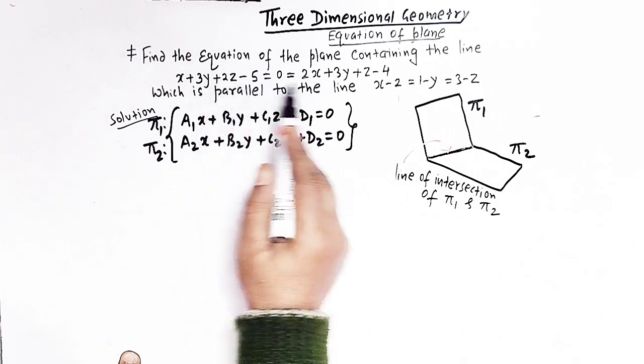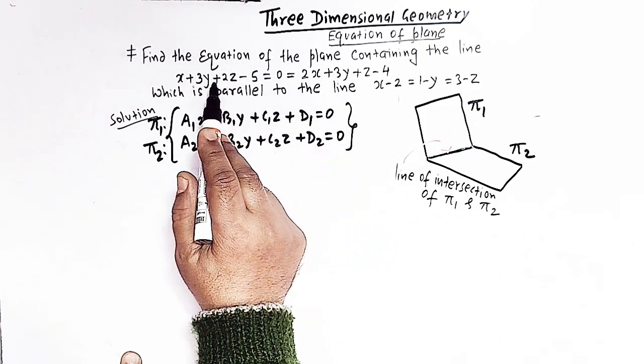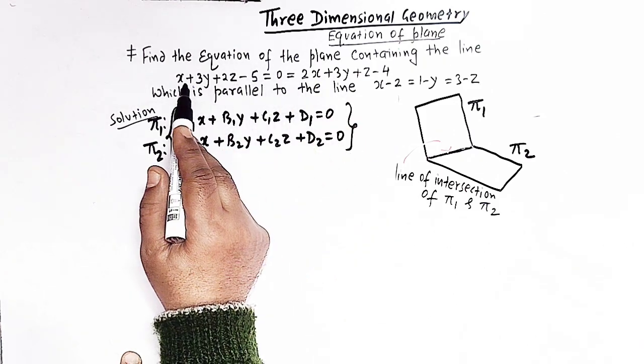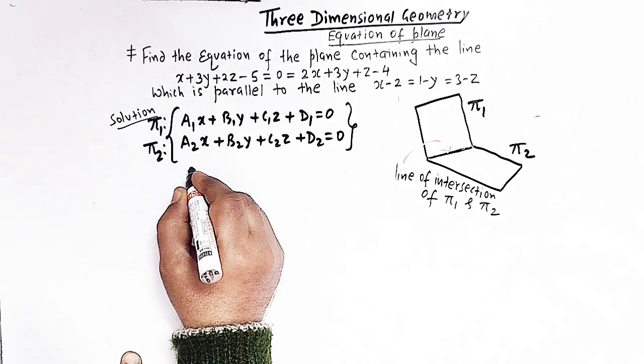So in the given problem, we are given the equations of two planes. Let us denote this plane by pi 1.